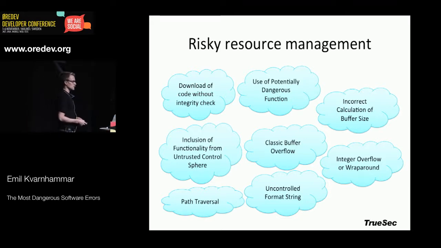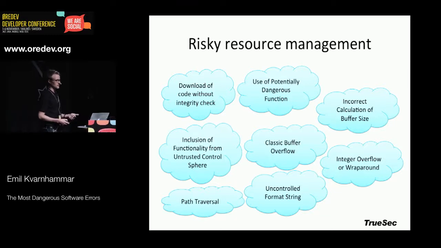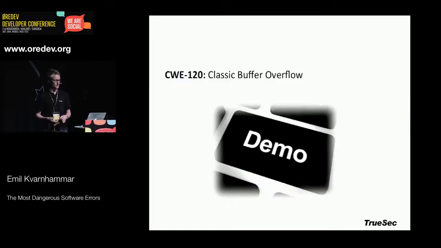Some of these could potentially lead to remote code execution on the target system. And of course, there are mechanisms in modern operating systems that should protect against or make it harder to exploit vulnerabilities like that, like ASLR, for instance, or data execution prevention. But still, it's possible to circumvent that kind of protection in most cases.